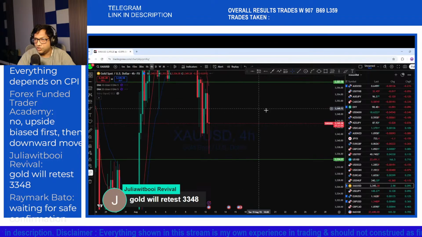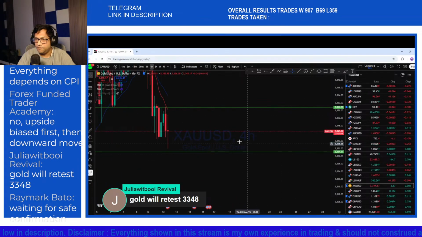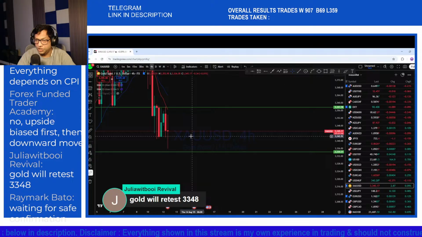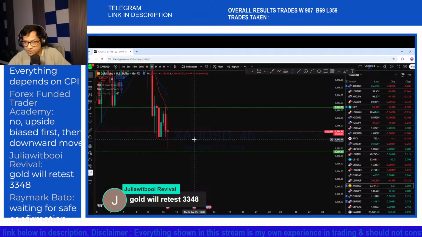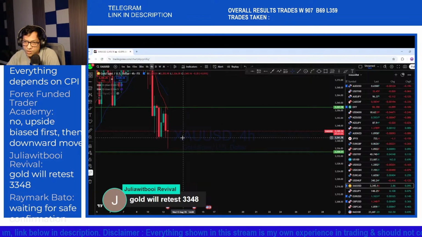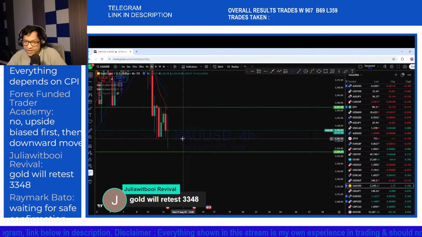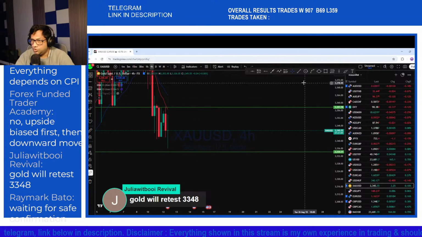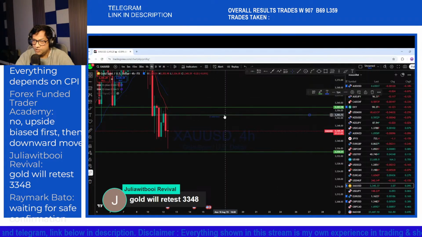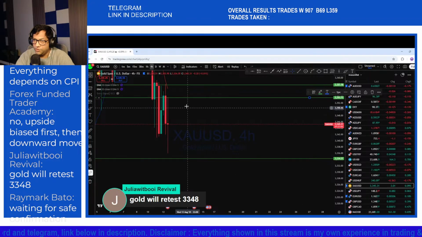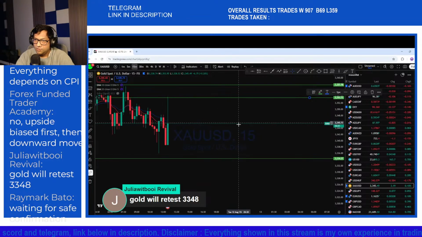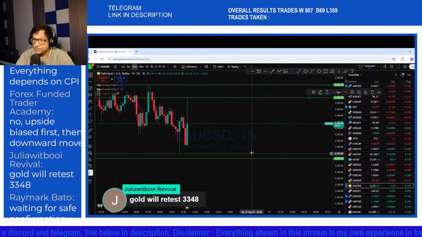From the 4 hour chart, we can see there is potentially a doji formation in this lower time frame. After this bearish move, a doji, and that is where we look to see if the market is going to any of this high so far this session.